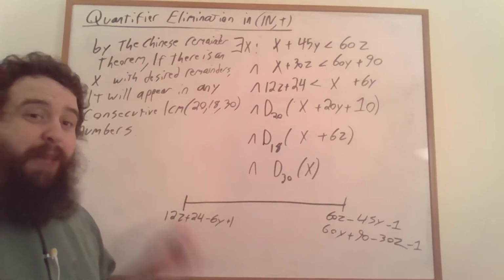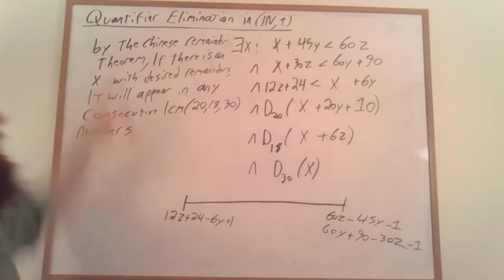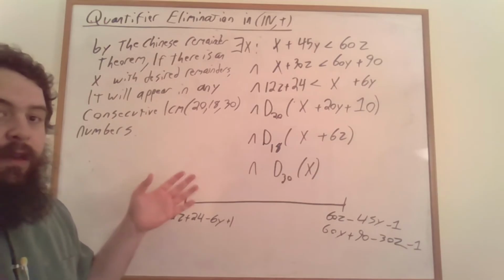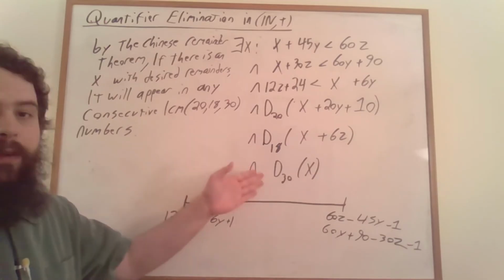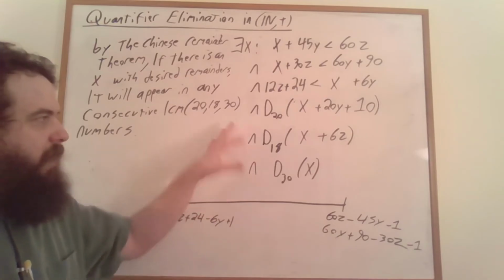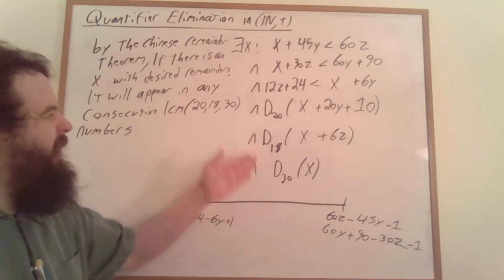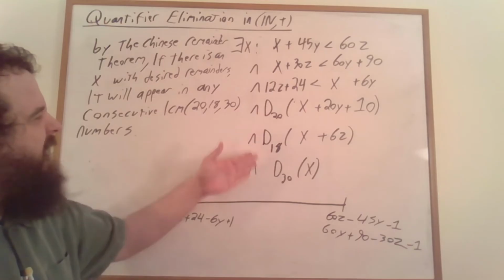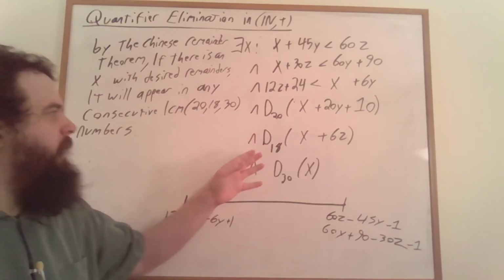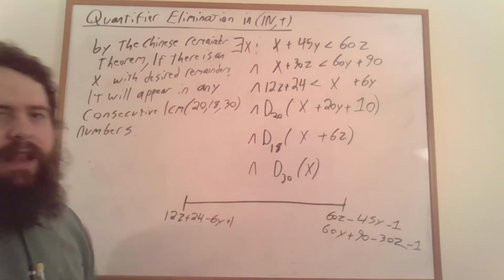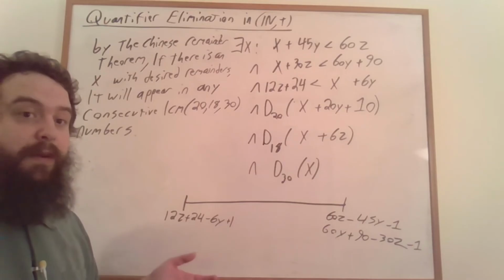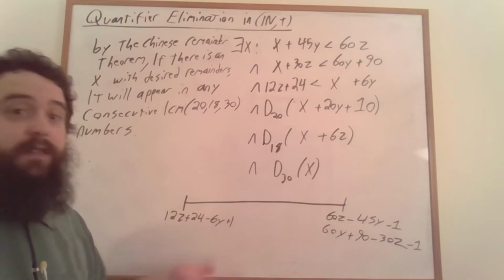So we have specified remainders, and the Chinese remainder theorem says that if there is a value that has these desired remainders, and there might not be, it's possible to have contradictory requirements. I don't know if this specific set of divisibility requirements gives us anything contradictory, but it's certainly possible that we can have contradictory divisibility requirements, like saying that a number is odd and divisible by 10.